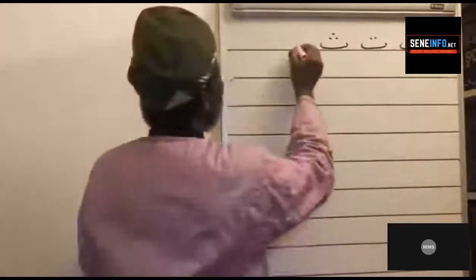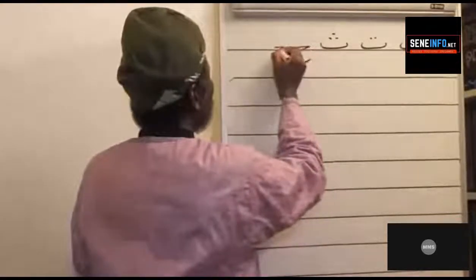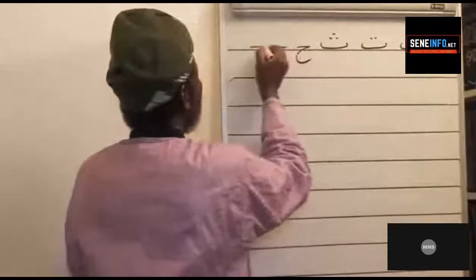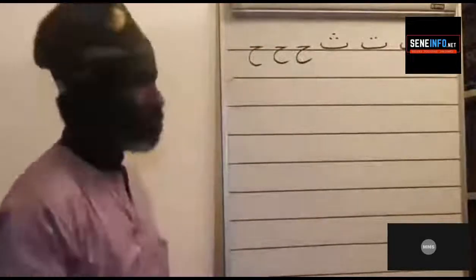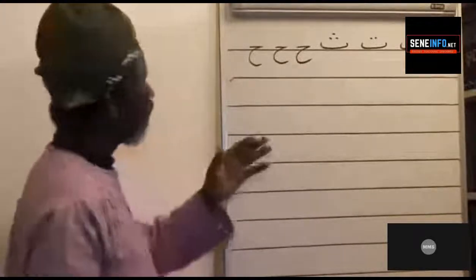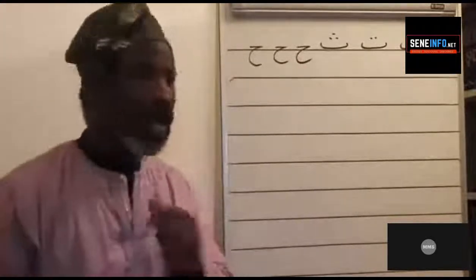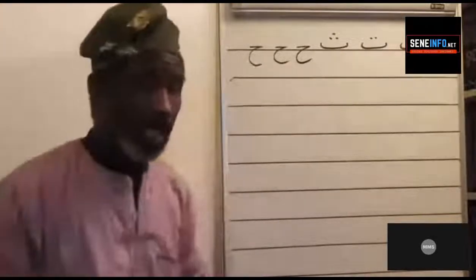So you do line, like this, and have a look at that for me. How do you describe that shape? Can you describe it for me? Okay, I think that's like number 2 upside down.